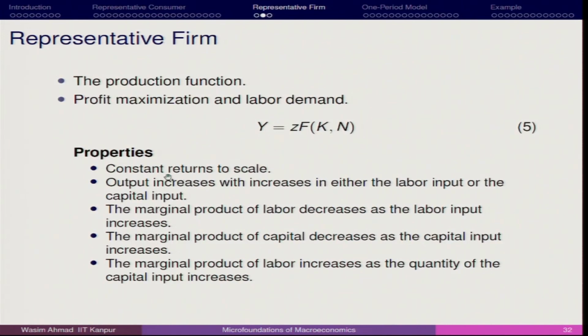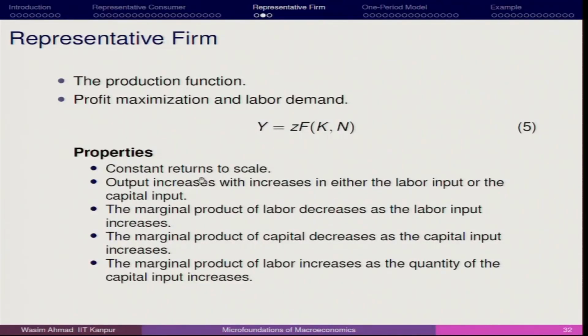Now if you have done basic economics, you must know constant returns to scale: when you have an increase in input, and this increase in input leads to an increase in output by the same rate.